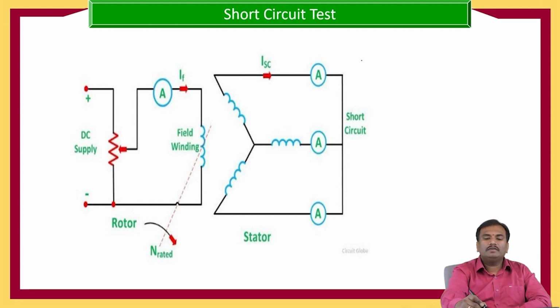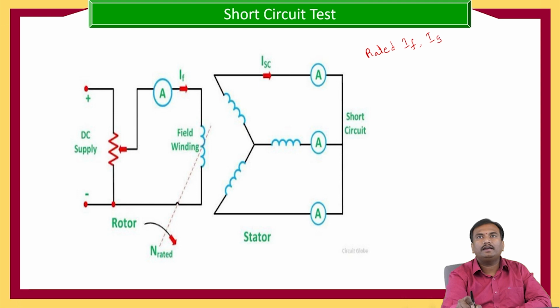That is, we have to apply a rated field current which has to generate the rated short circuit current. This rated value is given by the manufacturer for any generator. On the nameplate details, we can find the rated current of the alternator.